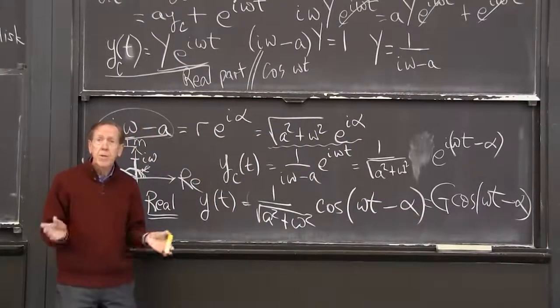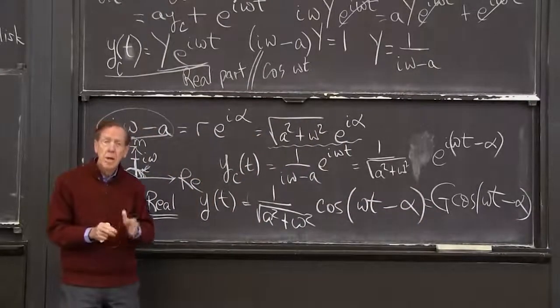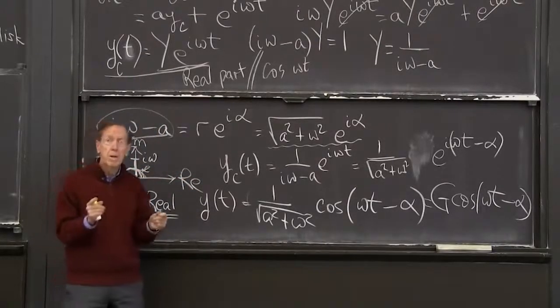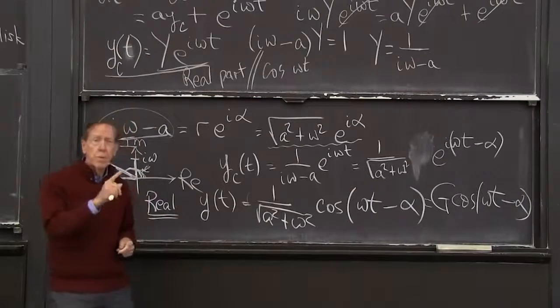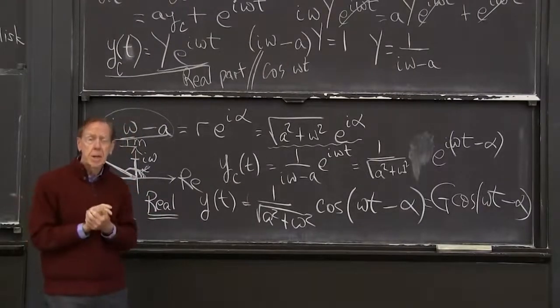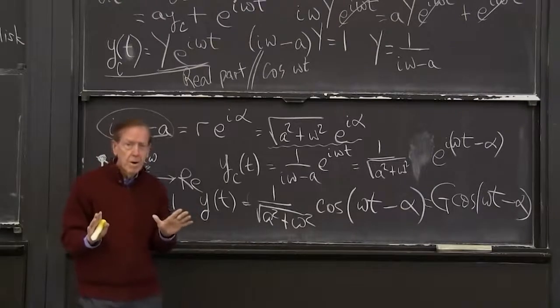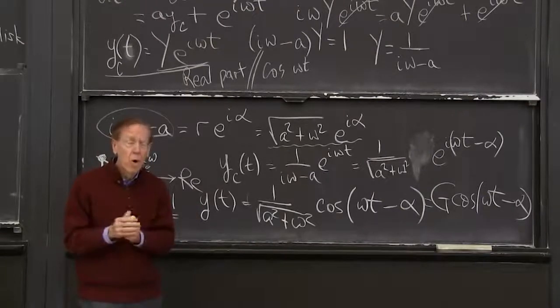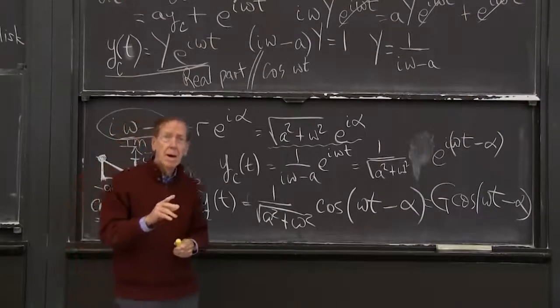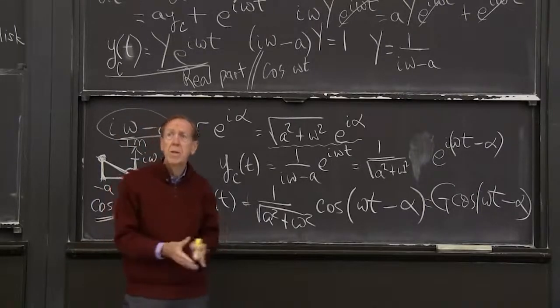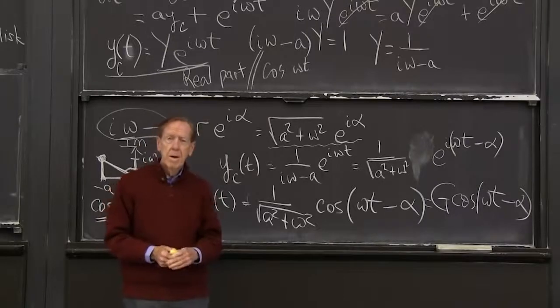Good, so that's the first use of complex numbers to get us back to an exponential, after which the solution is easy. Okay, I'll have a few more source terms, and then I'll look for a formula that applies for any source term. Okay, thank you.